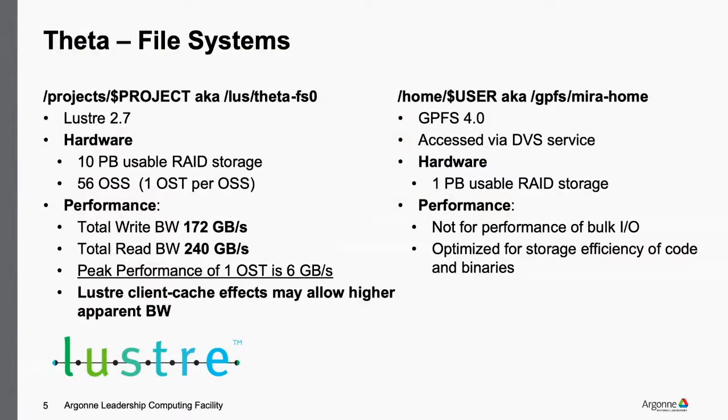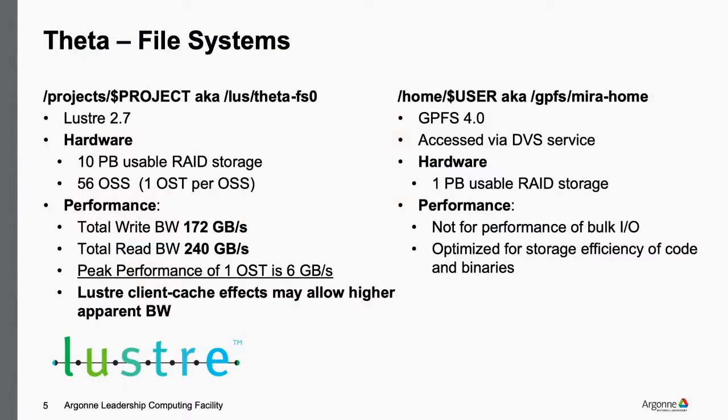This is a petabyte additional storage system. It's not meant for bulk I/O, so please don't do your performance runs into this file system. That's not going to be ideal. It's for storing your code, storing your binaries. You can put input files here if you just need to read it from one rank or something. That's going to be okay.